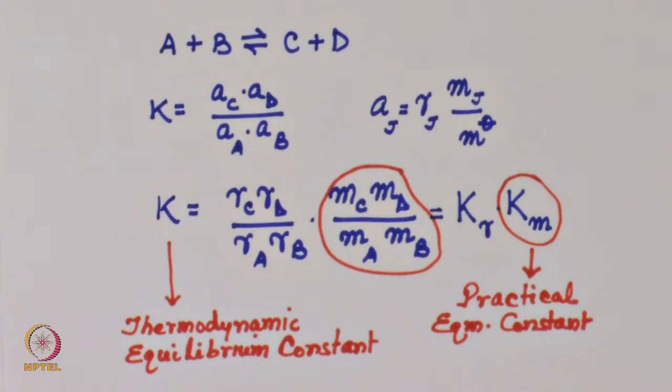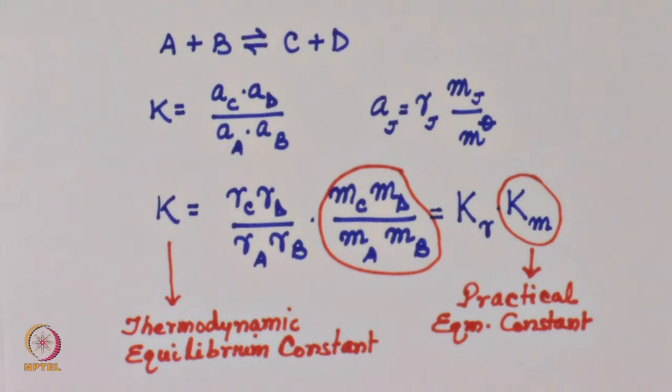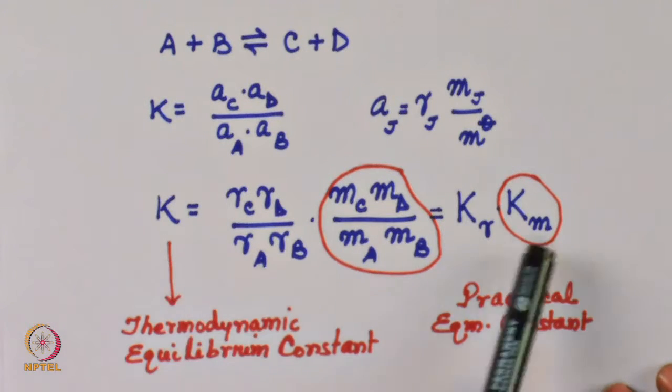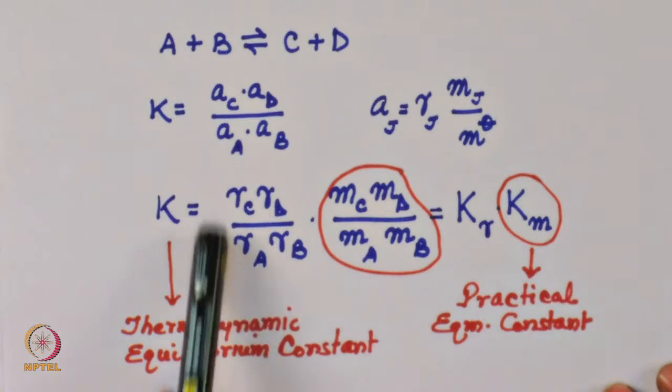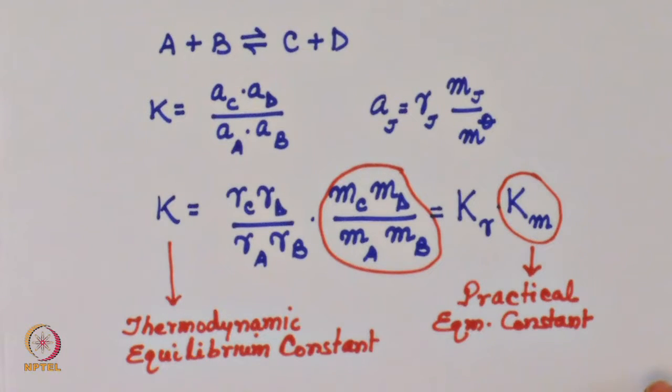There are methods to get the values of activity coefficients. We are not discussing them over here, but the point is that even if we have a method to calculate the activity coefficient, according to this relation we must know the equilibrium composition in advance. So, things start becoming complicated.